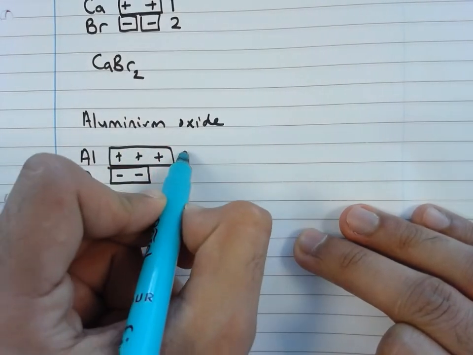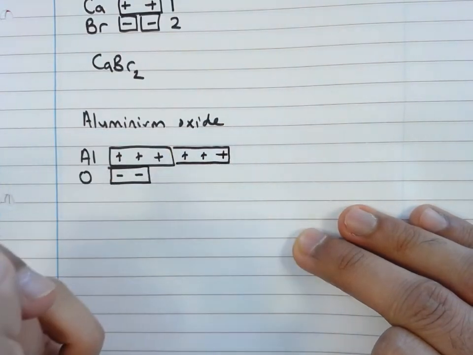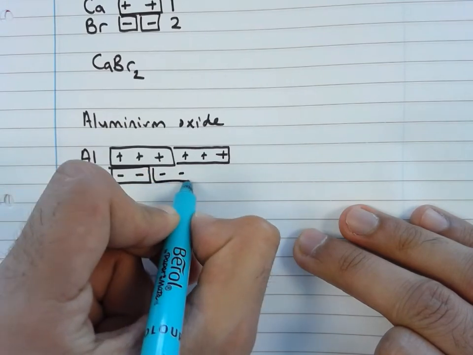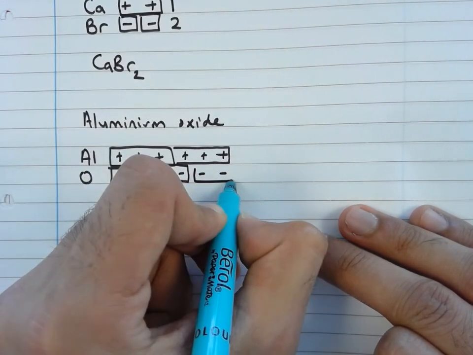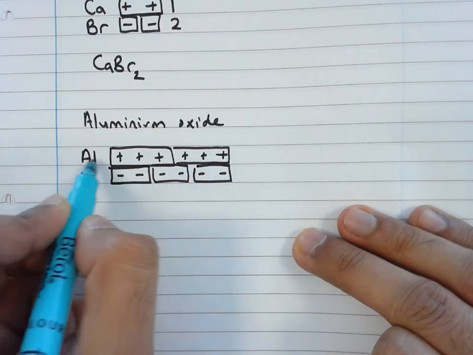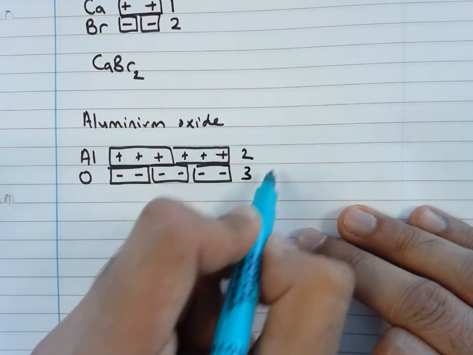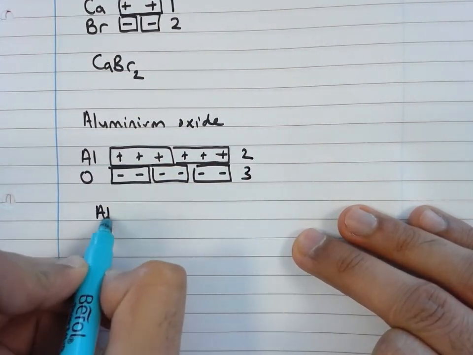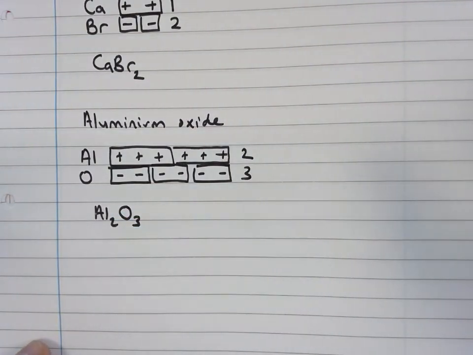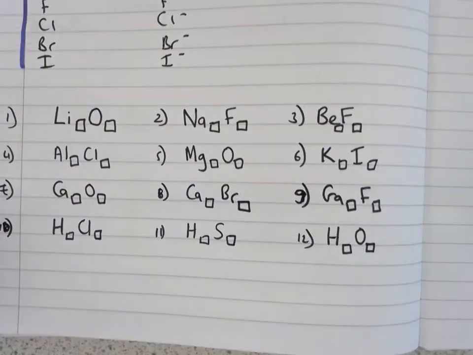If I add another aluminium ion, I will have 2 aluminium ions, and then I'm going to need another oxide ion and another oxide ion. So I've got 6 positive charges for every 6 negative charges. So in total I've got 2 aluminium ions and 3 oxide ions. So my formula here will be Al2O3.